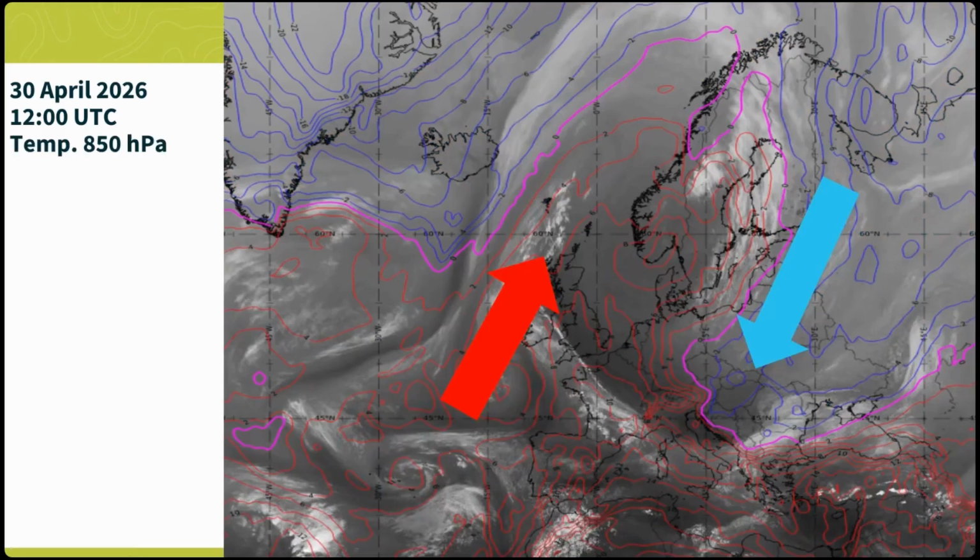We have this typical dipole. We have cold air in the east, and we have warm air on the western part of Europe and below the high pressure area. So such an omega situation as we have it here is usually followed by a temperature contrast between an area that is quite cold in the east and quite warm in the west.